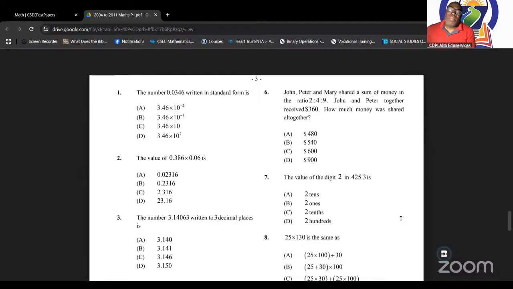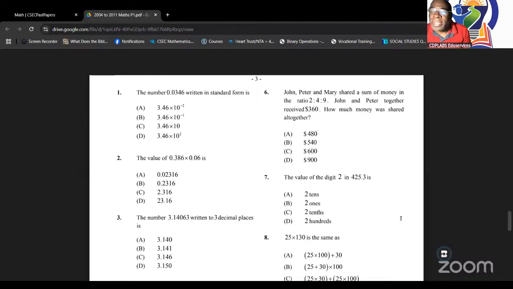So for question number one, the question is now, how do we know which of them is correct? If you notice too, when you're writing a number in standard form, the number should be greater than 1, but less than 10.